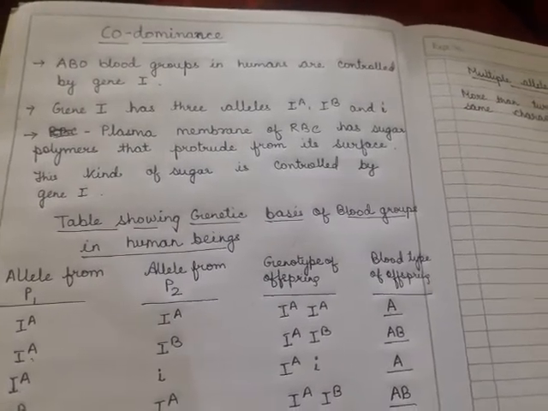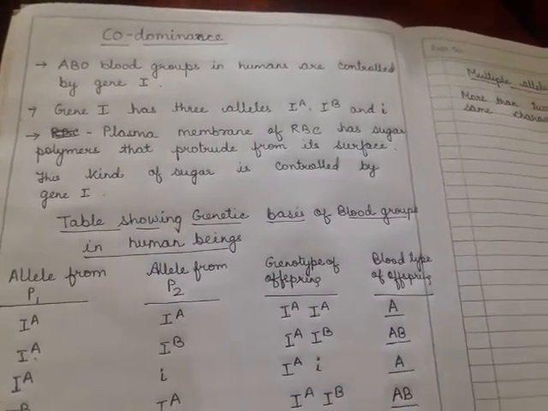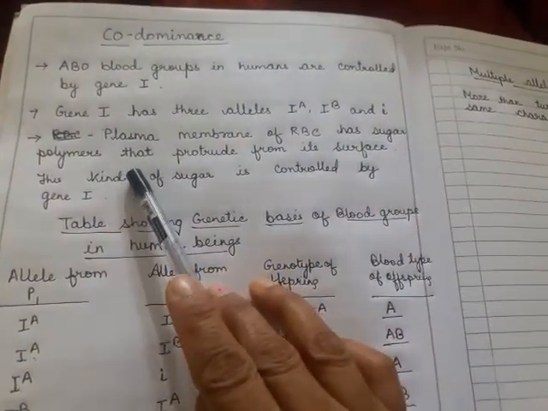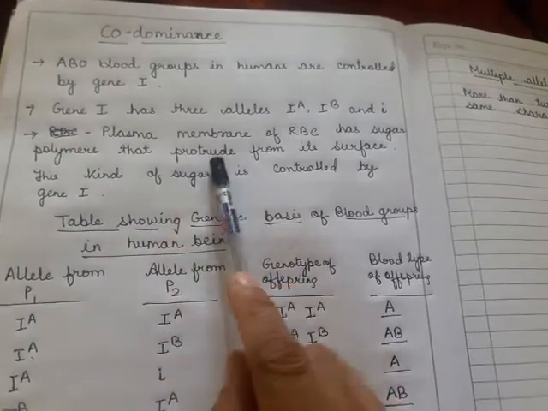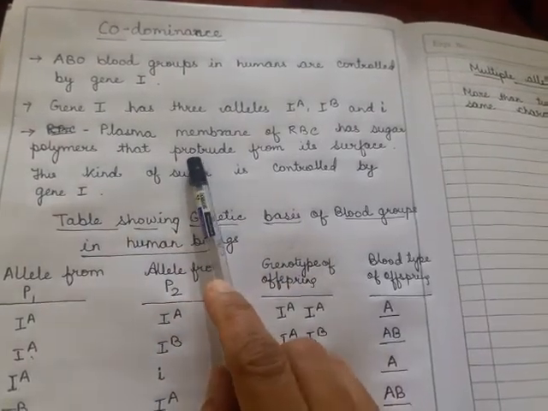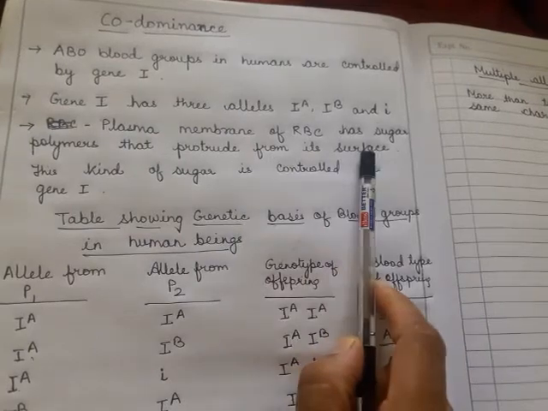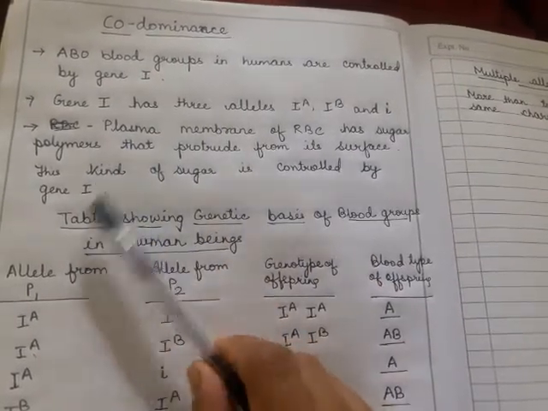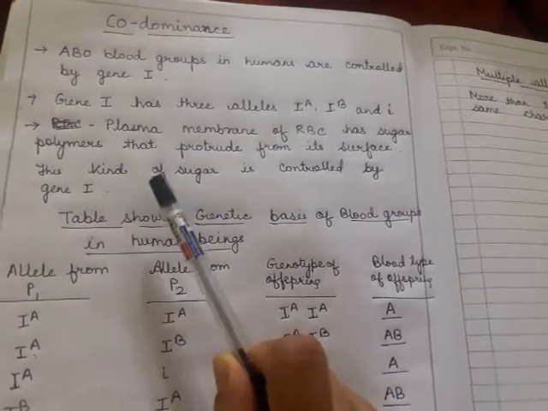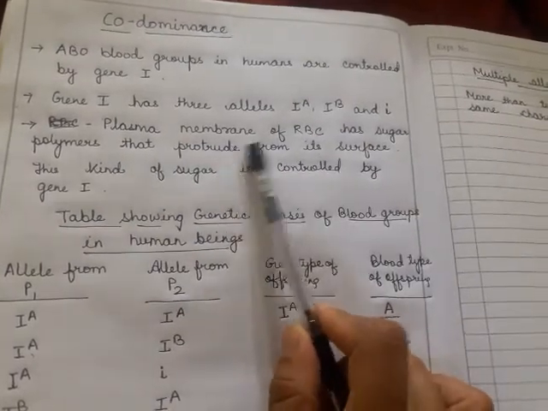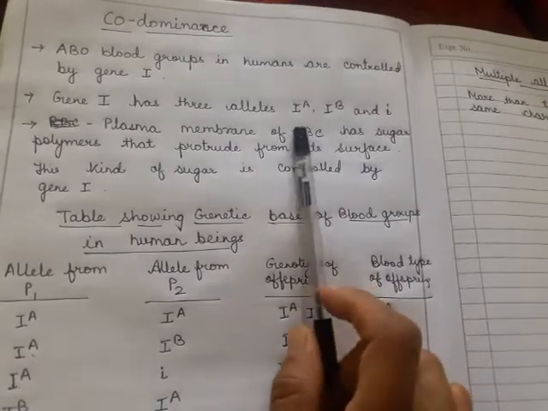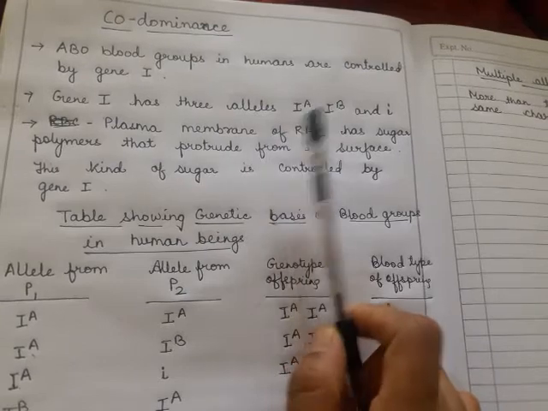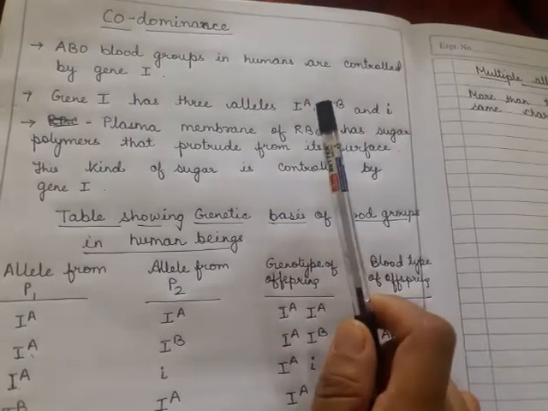Now what happens in this gene? The plasma membrane of RBC has sugar polymers that protrude. Protrude means they just come out from its surface. This kind of sugar is controlled by gene I. So any change in this type of sugar structure will lead to the formation of a different type of allele.